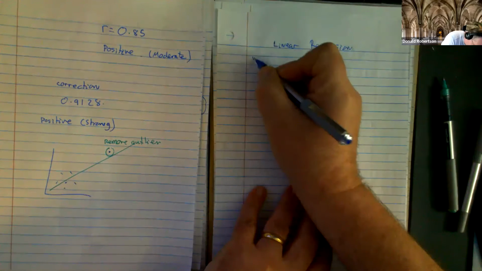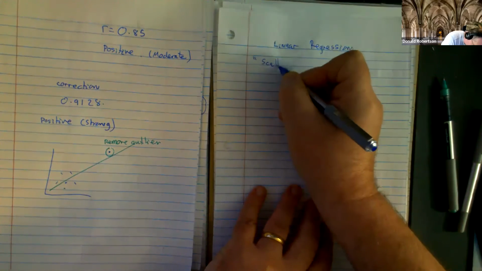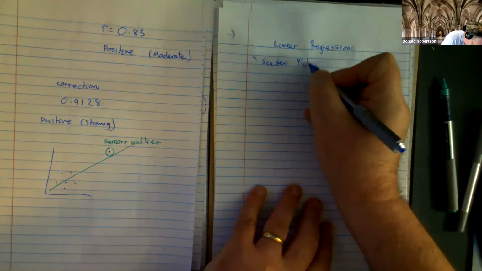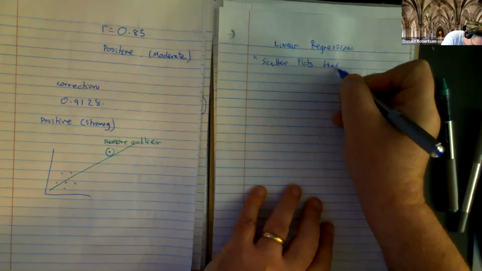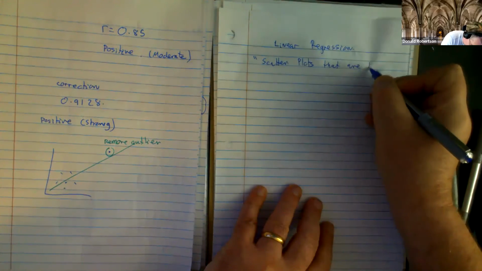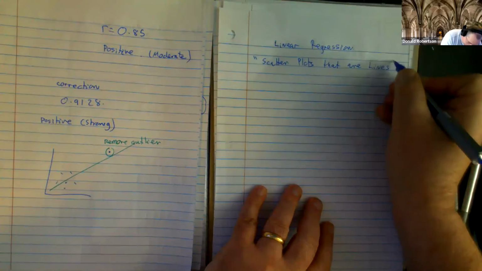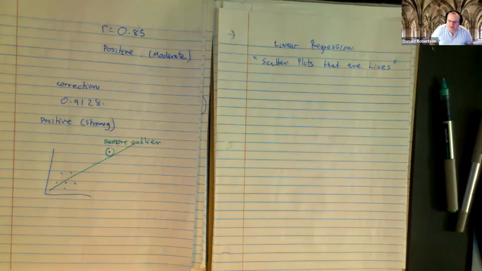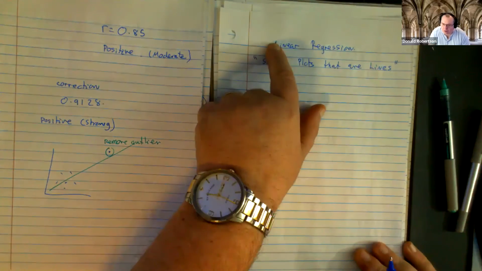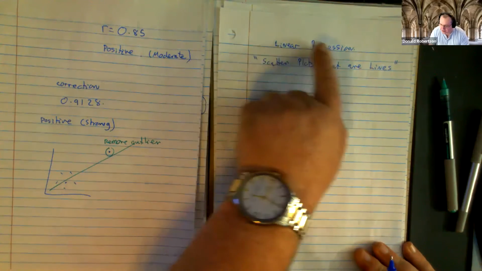That is scatter plots that are lines. So we're only looking at lines now, not curvilinear data. And we call those situations linear regression.